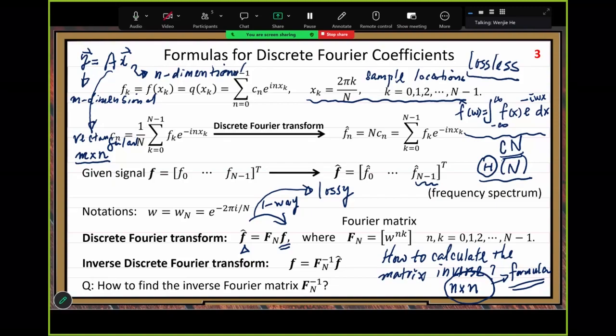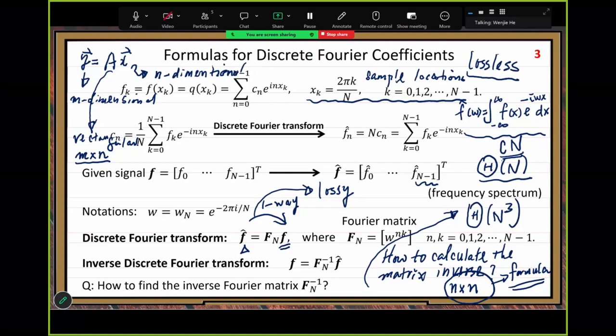But for the matrix inverse, if we use asymptotic notation to see how fast the calculation is, it is big theta of capital N cubed. How slow it is.